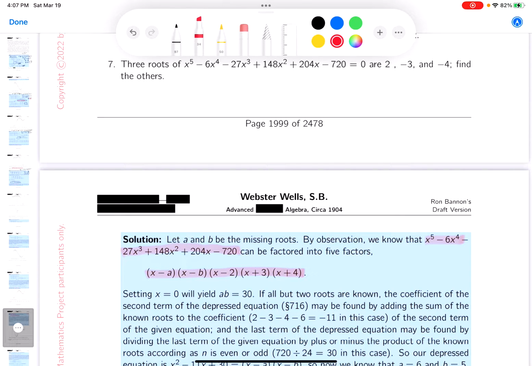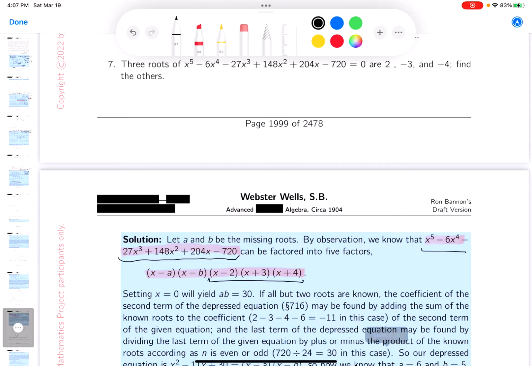Now, why is that? They're giving us the roots 2, minus 3, and minus 4. What I don't know is the other two roots. What I want to claim, though, is that if you did a long division, if you divided this into the polynomial, you get the depressed equation.